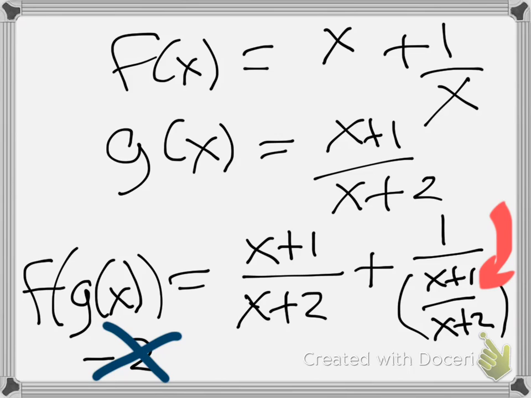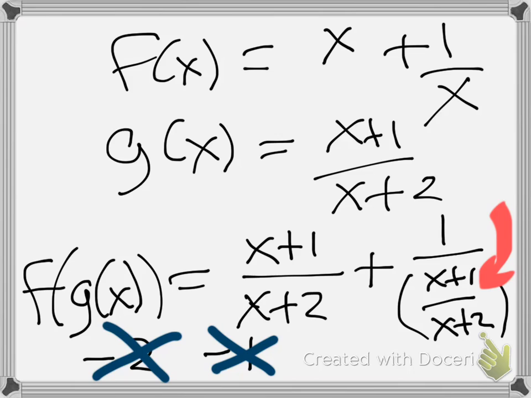If I make that 0, then I would have 0 divided by x plus 2, which would be 0. And then I would have 1 divided by 0, which is not allowed. And that would happen when x is minus 1. So that is also not allowed, because those are the two numbers that make denominators that I see 0.